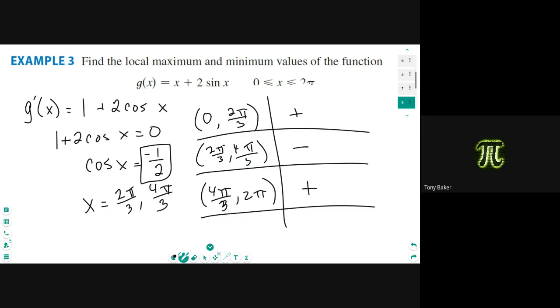So that means it is increasing, decreasing, increasing. So 2 pi over 3 will be a max, and 4 pi over 3 will be a minimum.